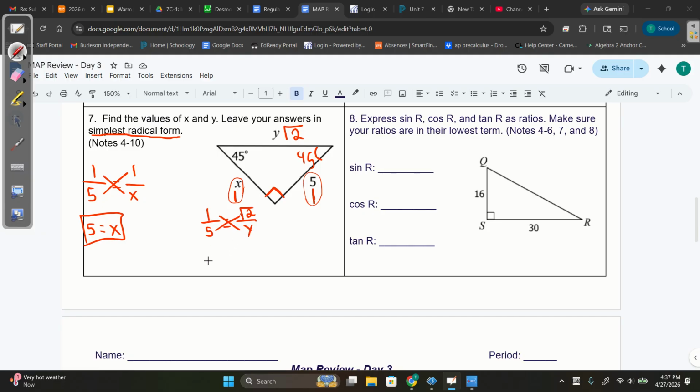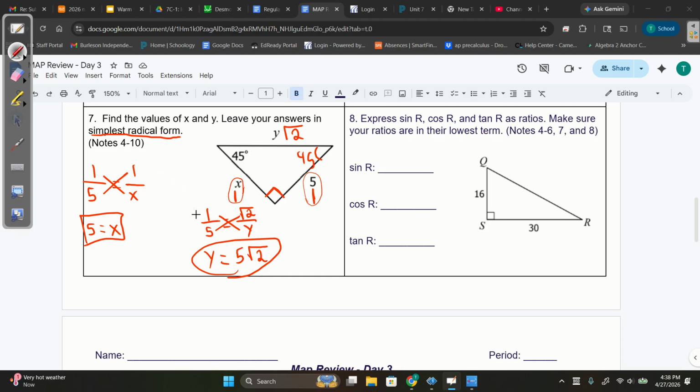Y times 1 is just y. 5 times the square root of 2, because this 5 is a whole number and the square root 2 is inside of the square root, they don't actually mix at all. The 5 just stays outside and the square root 2 stays inside. And there it is. Y is by itself, so I'm done. Y is 5 square root 2.